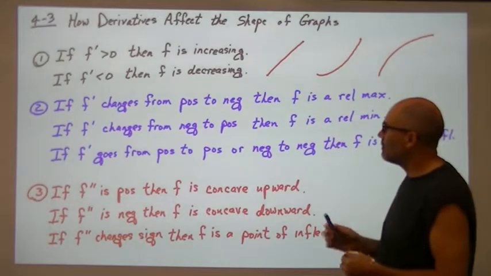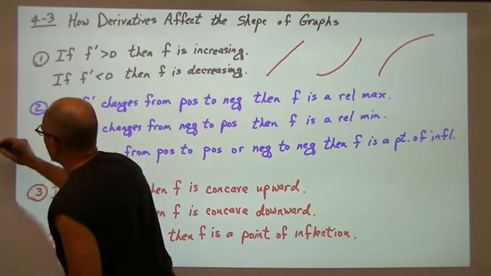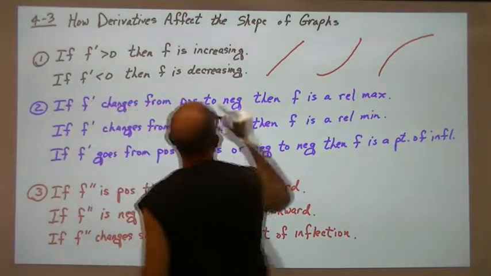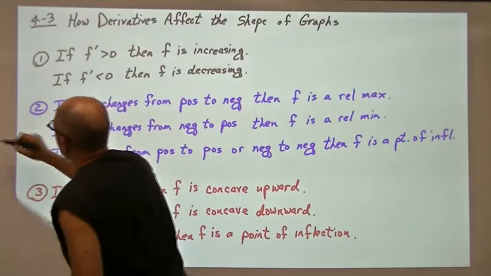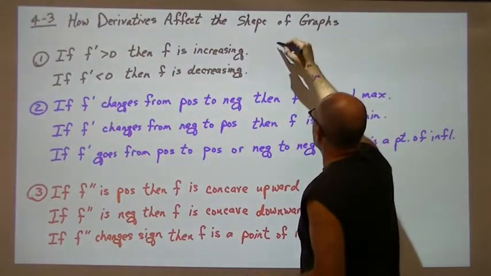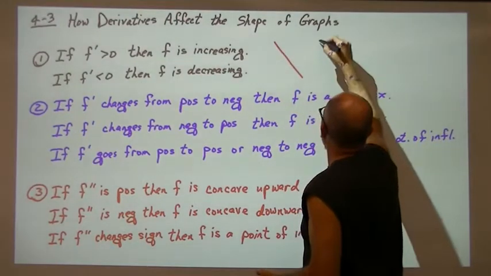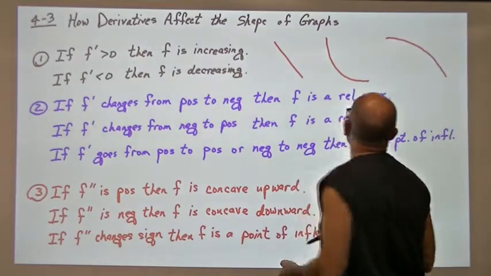Okay, now, if f prime, if the first derivative is negative, then that means our function has to decrease. So it could be decreasing like this, or like this.